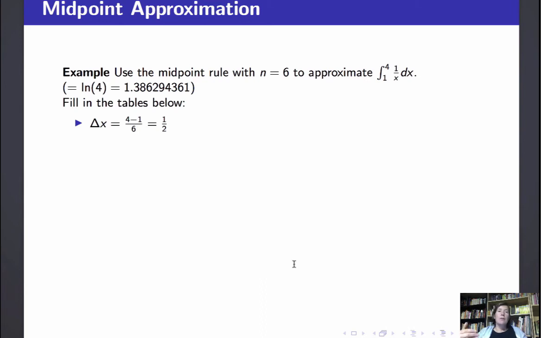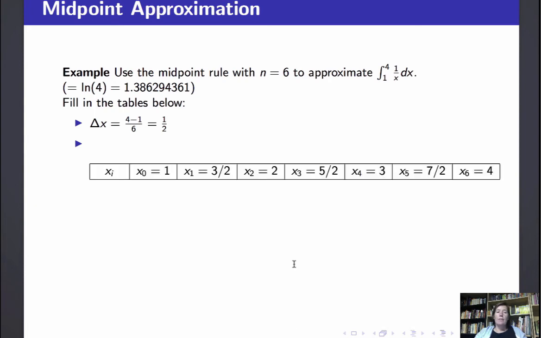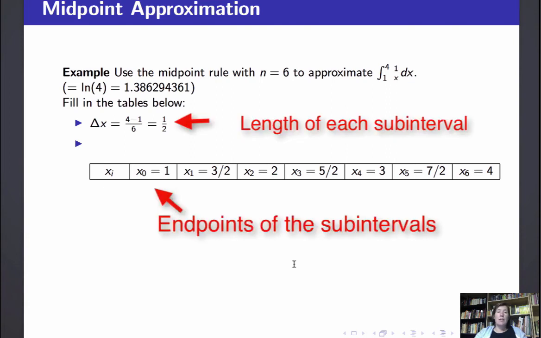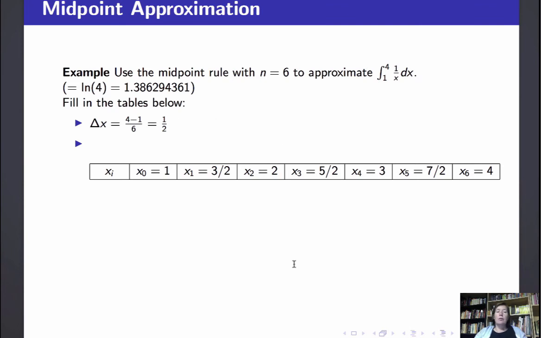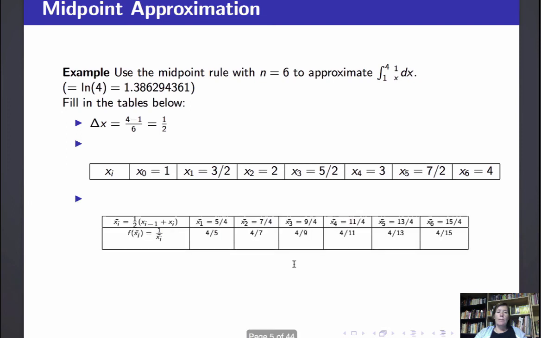So that means for each of these approximating rectangles, the length of the base is 1/2. And the next step is to calculate the xi's. x0 is a itself, it's 1. x1 is a plus 1/2, that's the other end of the first subinterval, which is 3 over 2, and I keep adding 1/2 to get the next xi until I get to 4.